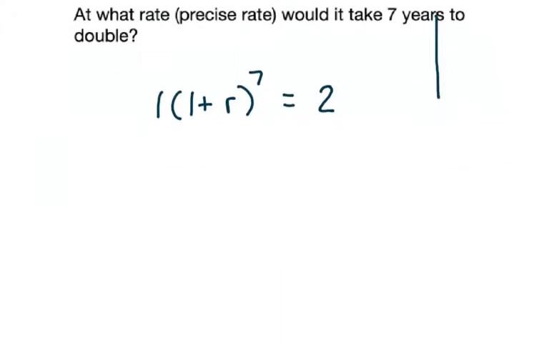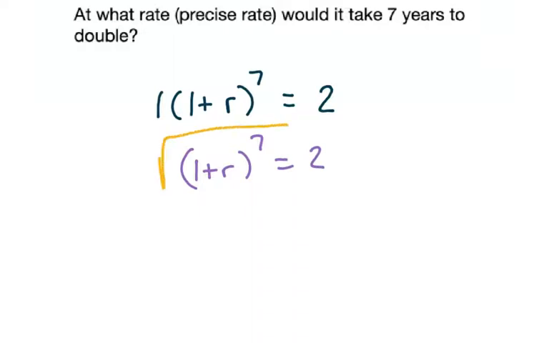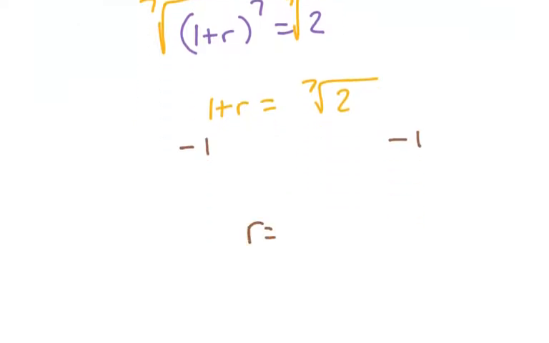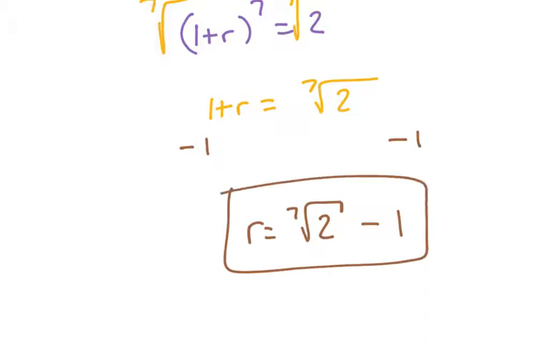Well, to do this, I'm going to rewrite this as (1 plus r)^7 equals 2. We have to get rid of the 7. So what we do is we take the 7th root. And this gives me 1 plus r equals the 7th root of 2. And then we'll subtract 1 from both sides. So this is just a typical algebra problem. So we have this. Okay, and this is our rate.